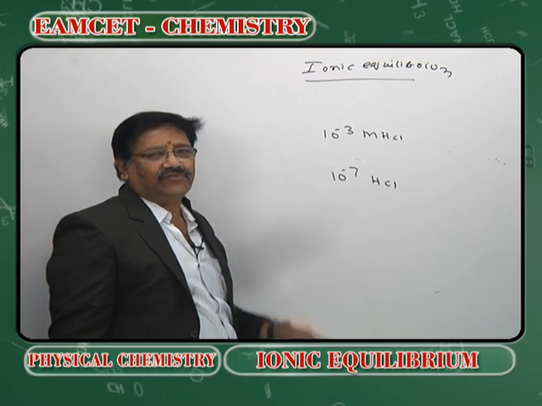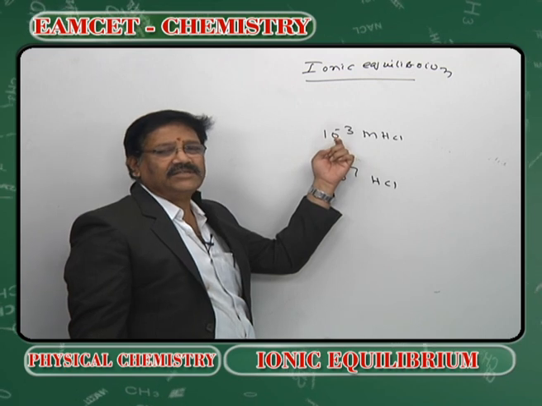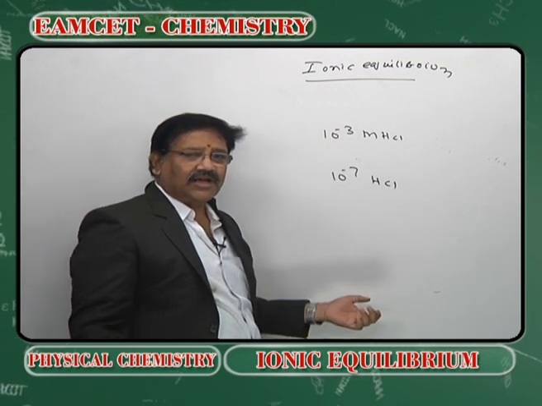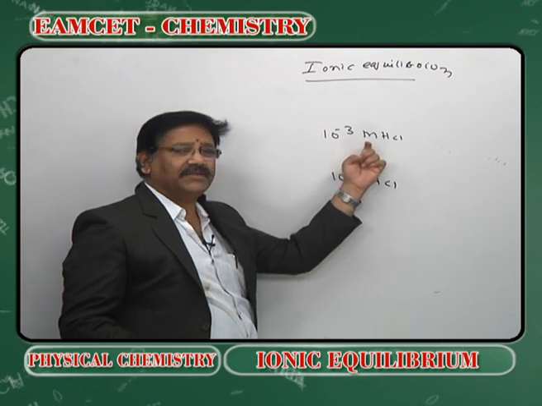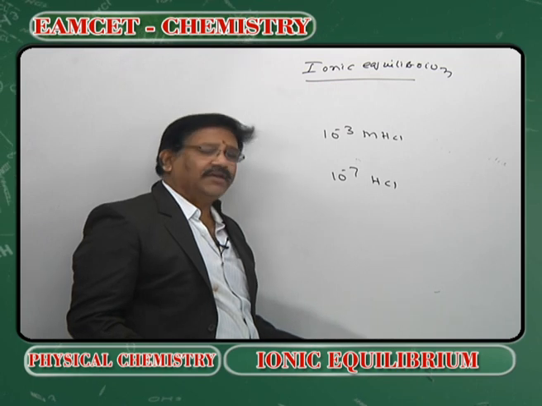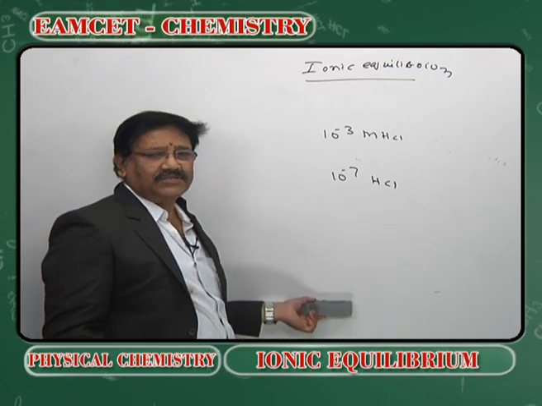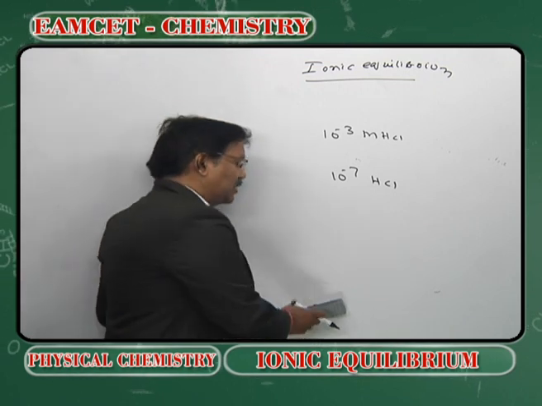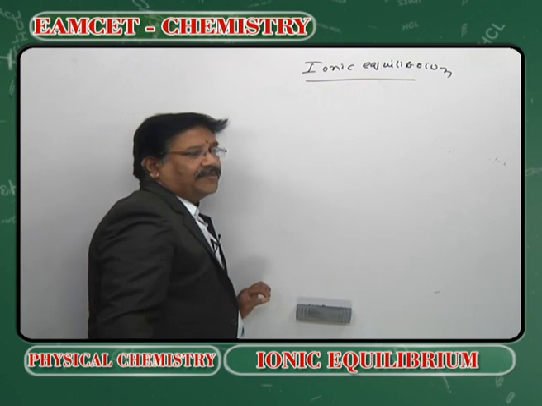In the moderate concentration case, the common ion effect will be predominant and ionization of the water will be suppressed. Here it cannot be suppressed. That is why for very dilute solutions of strong acids and strong bases, pH value will be nearly equal to 7.